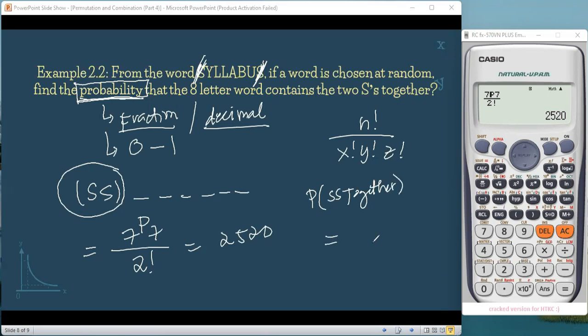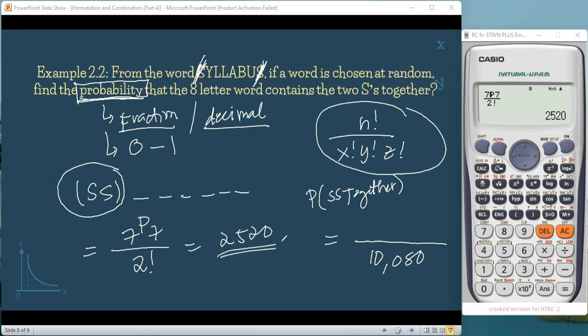Kailangan po alamin muna po natin kung ilan po sa total yung numbers na pwede nating ma-rearrange sa syllabus using this formula kanina. So actually, di ba kanina na-solve na natin siya, and that is 10,080. So ngayon po, yung probability na yung dalawang S ay magkasama, yun po yung magiging numerator natin. So isulat po natin to dito, 2,520.